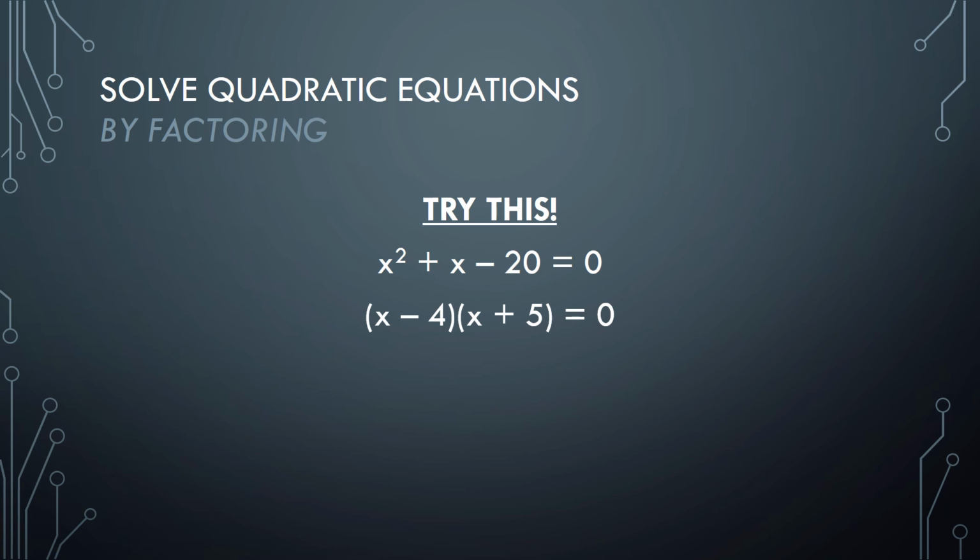You should have x minus 4 and then x plus 5. So now I just need to figure out what makes x minus 4 equals 0, and what makes x plus 5 equals 0. The solutions are 4 and negative 5. Hopefully you did this correctly.